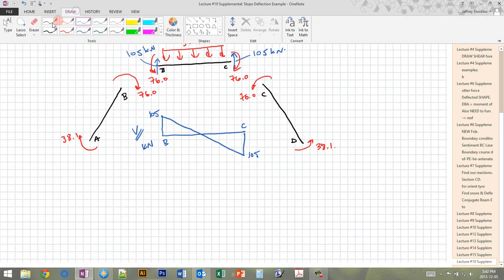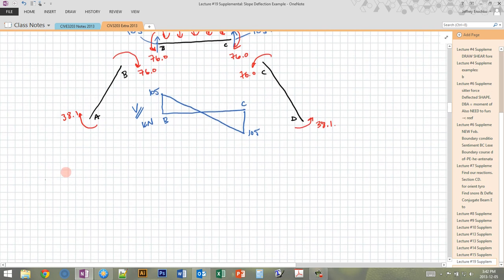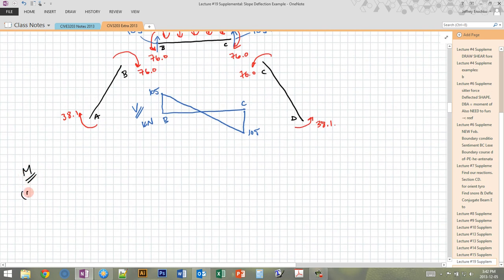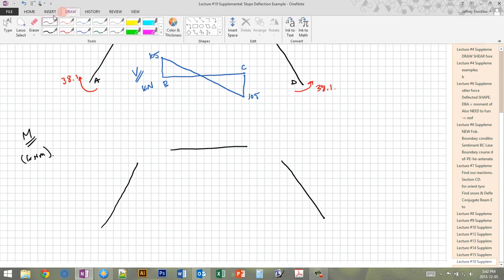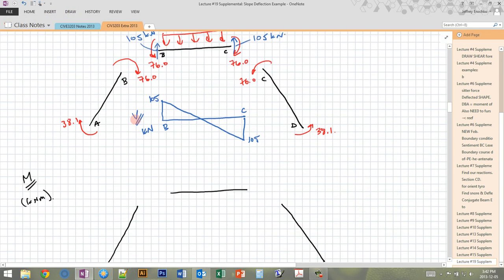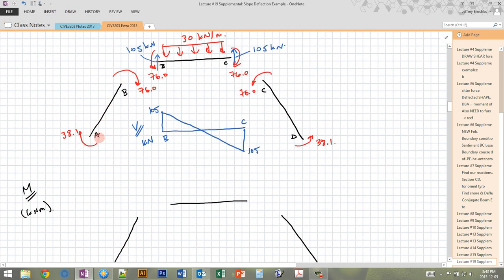And now using all this information, I can finally draw my moment diagram in kilonewton meters. And I'm going to draw it all on the same. Actually, if I break it up as well, then it'll look a little bit neater. Won't be so overlapped. Okay, so for these AB, right, this is pretty easy.